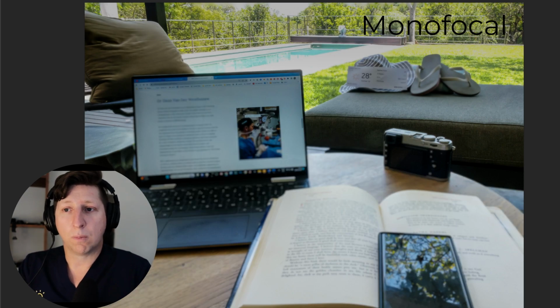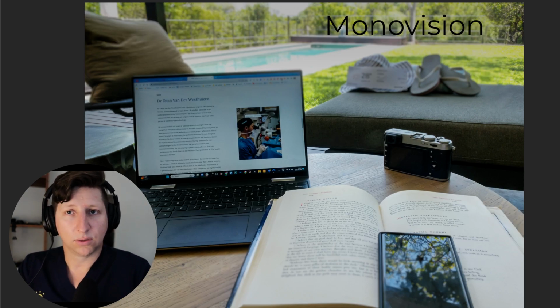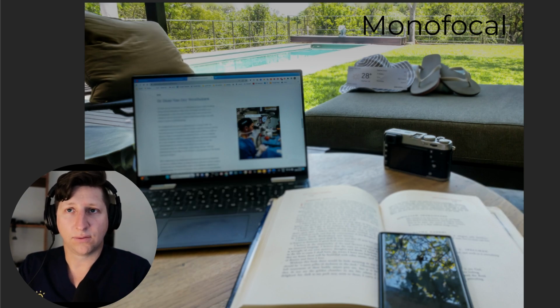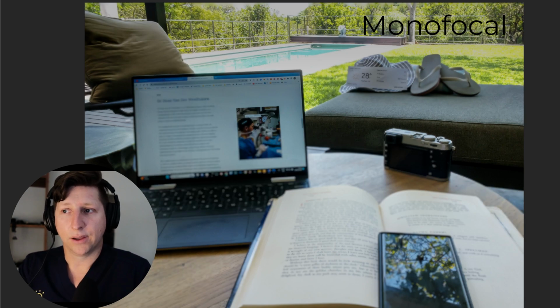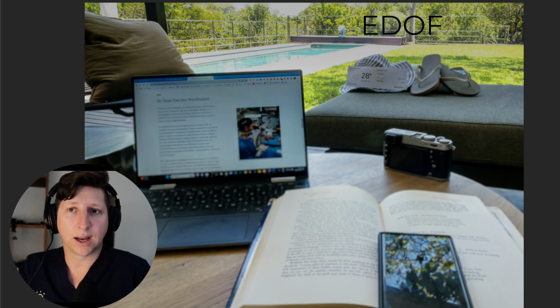One can go for monovision. Monovision is when you have one eye for near like this and one eye for distance like that, and blending those two together you get a depth of focus from far to near. Your EDOF lens, or your extended depth of focus lens, is a monofocal lens, but it's designed to try and extend the depth of focus slightly so that your intermediate vision starts to become a bit better.